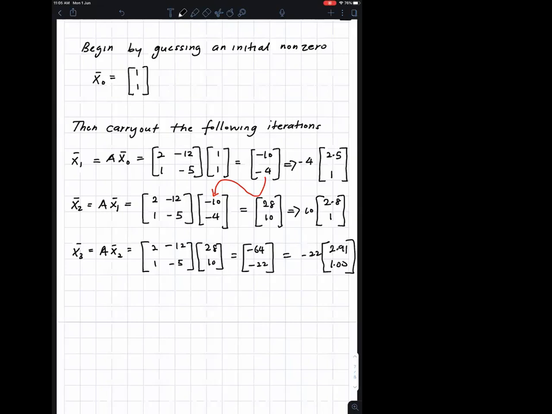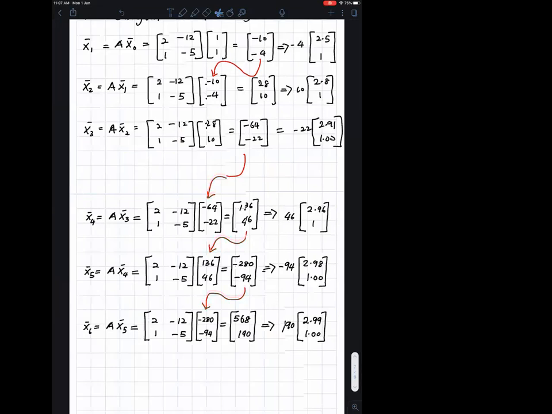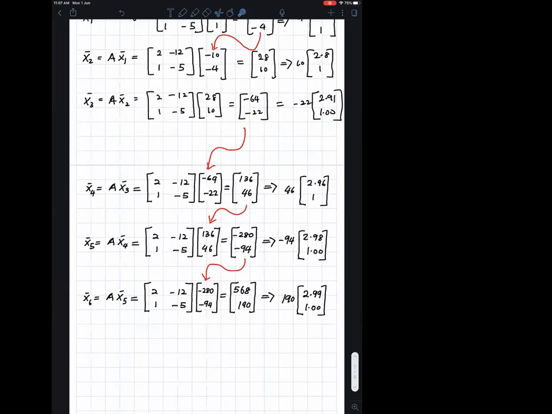Any question? You just keep repeating until you reach the 6th iteration and then you stop, because the question says when you come to x6, you can stop.